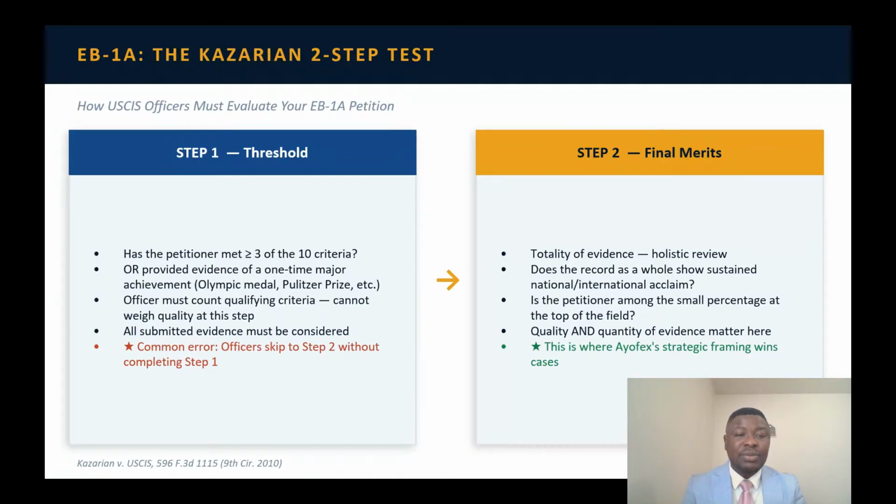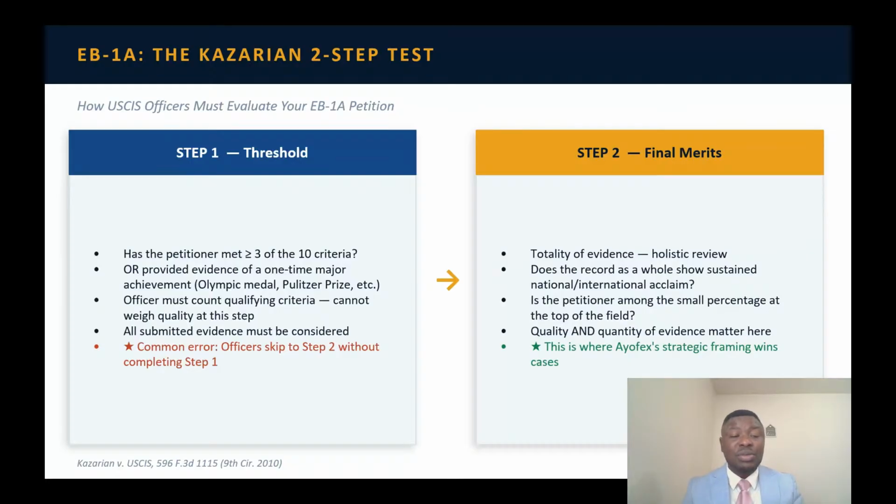In the first step, they ask themselves, has this petitioner met 3 out of the 10 criteria? Or has he or she provided evidence of one-time major achievements such as an Olympic medal, Pulitzer Prize, etc.? So it means that even if you have a major prize, maybe you won the Olympic or Pulitzer Prize, that does not replace the 3 criteria that you are supposed to meet.